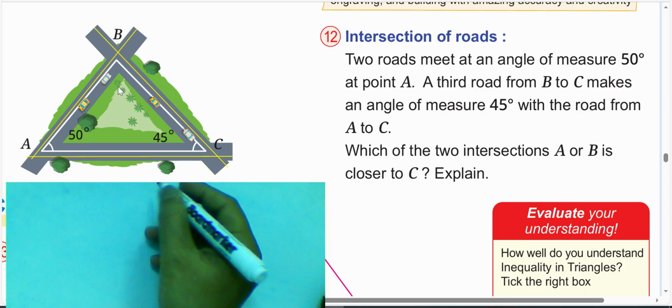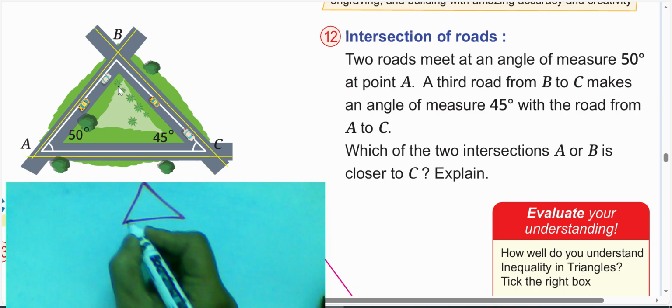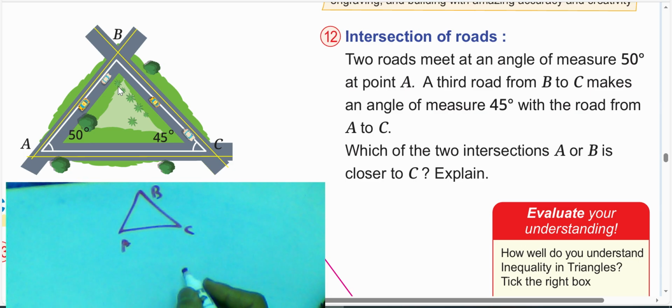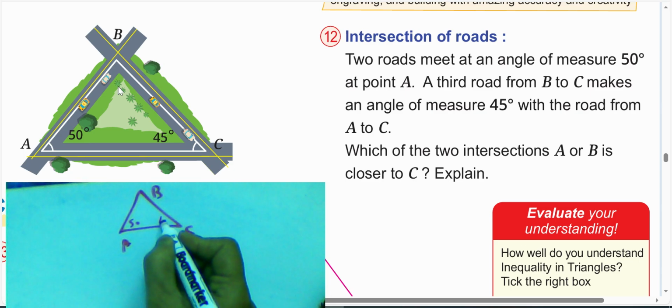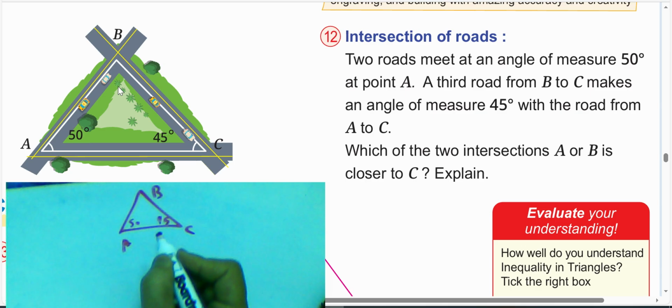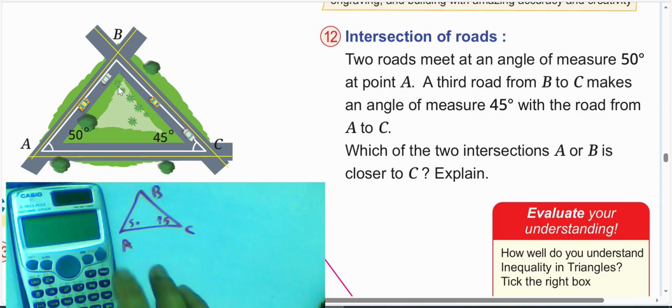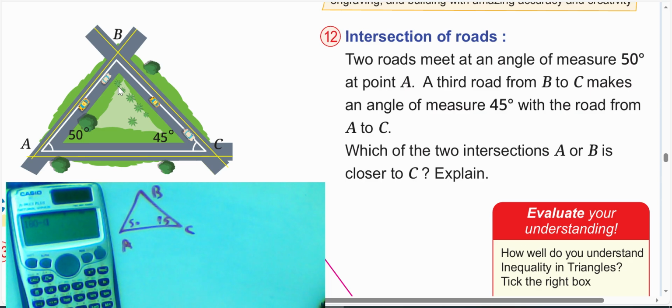Look here, we have triangle A, B, and C. Look, we have 50 and 45, and 180 minus these equals 85.